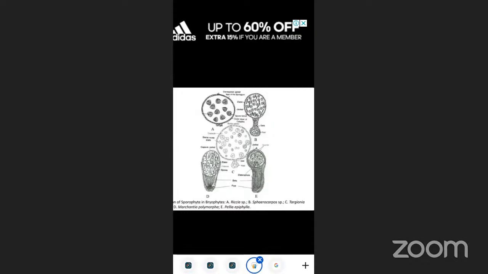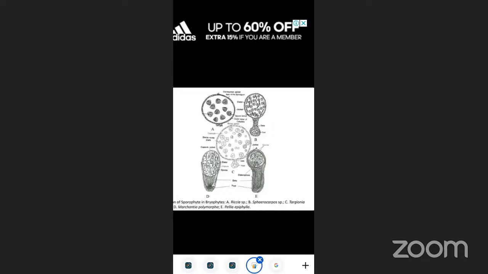So these two theories explain the evolution of the sporophyte. This topic, sporophyte evolution in bryophytes, is a compulsory essay question, and every time it comes in the examination.